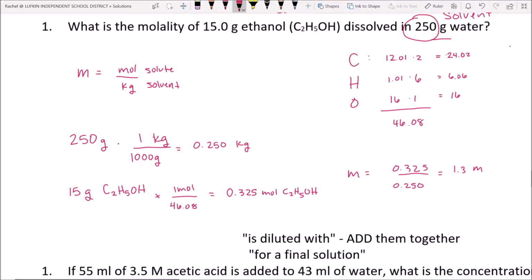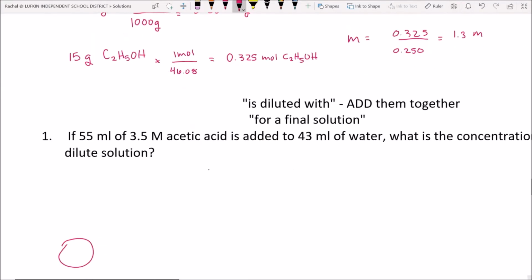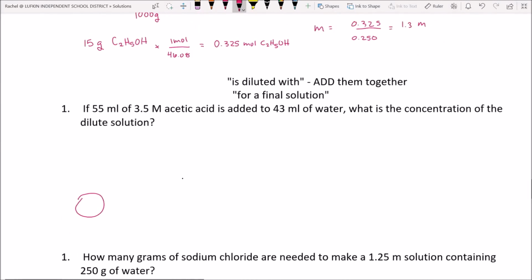Okay, so let's read this problem here. If 55 mL of 3.5 molar acetic acid is added to 43 mL of water, what is the concentration of the dilute solution? So what equation should we use here? Yes, M1V1, because I see a volume, a concentration, and then a second volume, and it's asking for the second concentration.